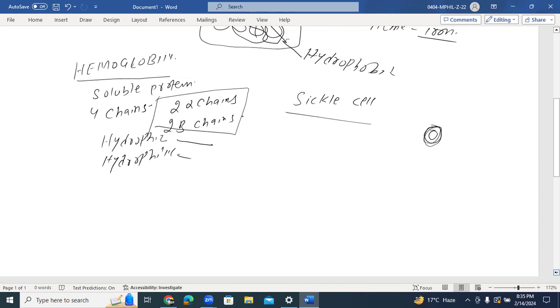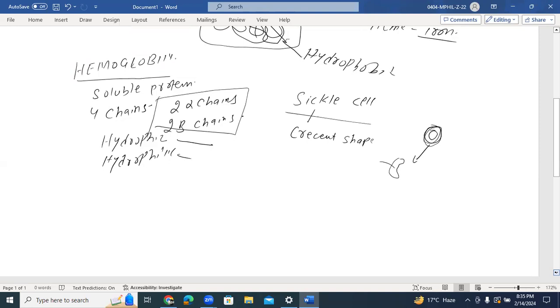But if there is any mutation, because of the change of one amino acid in this hemoglobin, it forms a structure which is called sickle. Sickle is actually a crescent shape, like the moon. This globular structure will change to form this sort of structure.